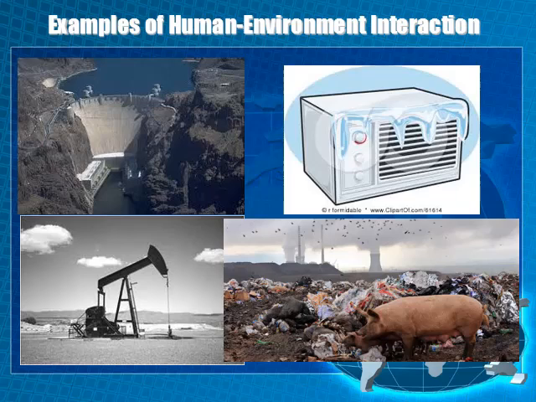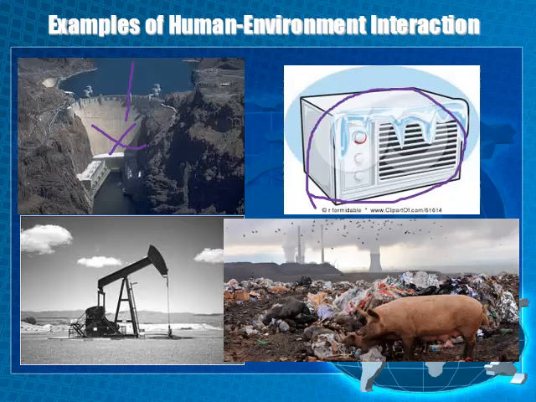So examples of human environment interaction. This is Hoover Dam. And this is an example of how humans have taken the environment, the river, and we've stopped the flow of the river in order to provide for some other things that we need, like hydroelectricity. Air conditioning is a form of human environment interaction.